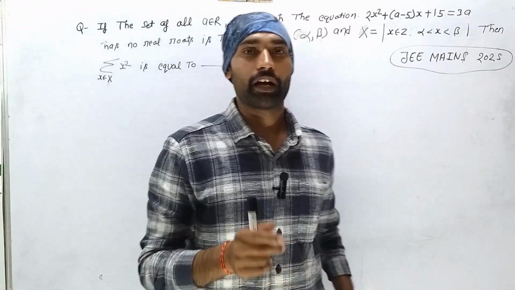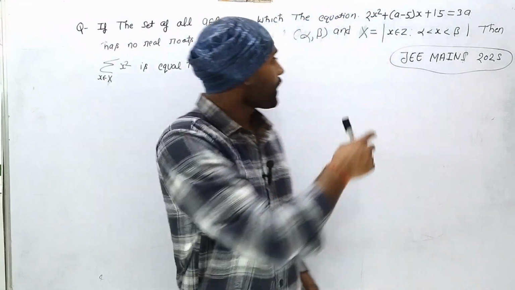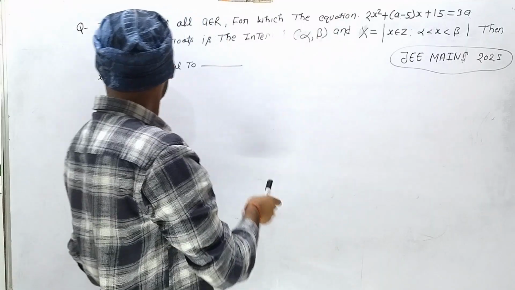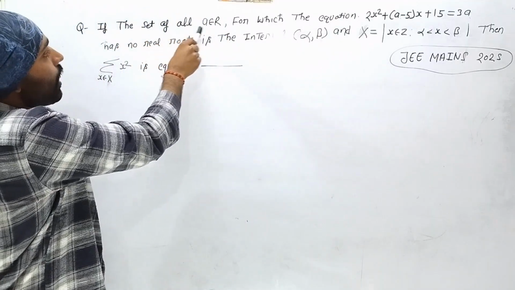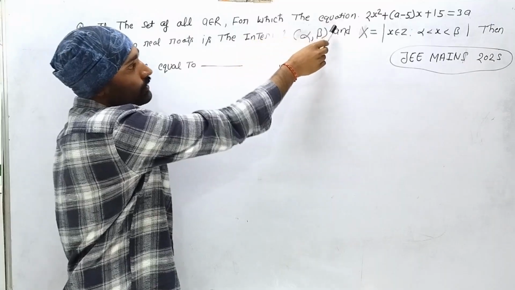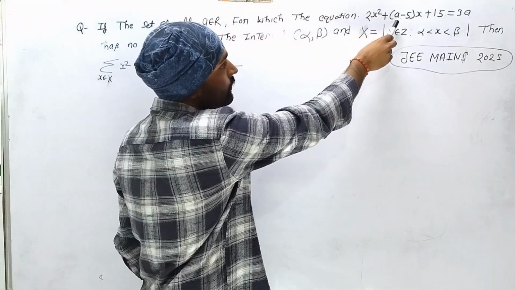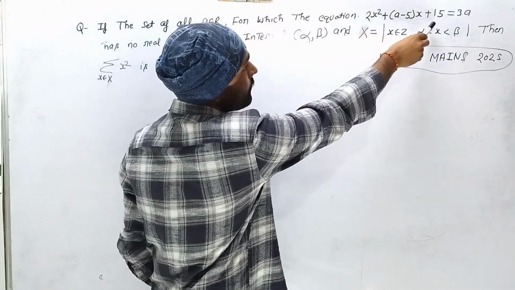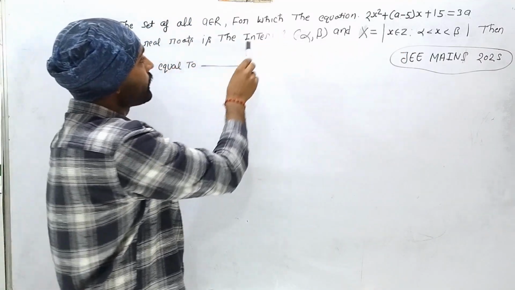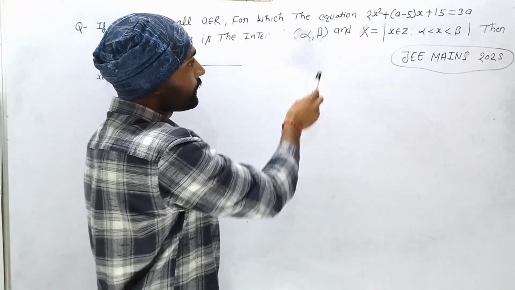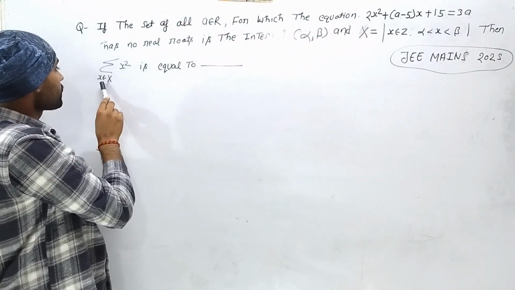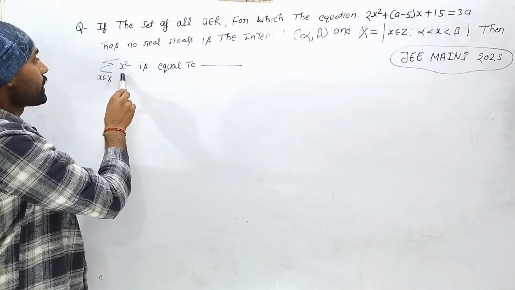Now taking another example which was asked in JEE Mains 2025. If the set of all a belongs to R for which the equation 2x square plus (a minus 5)x plus 15 equal to 3a has no real roots in the interval alpha comma beta, then the question asks about x belongs to X equal to x square.